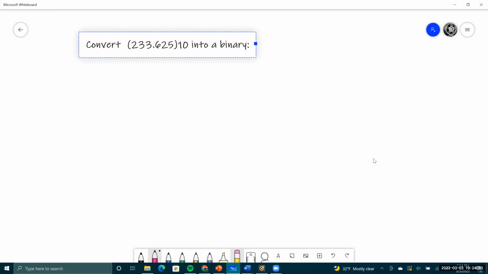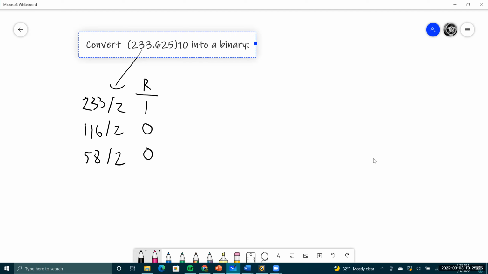So 233, we break this in half. 233 divided by 2, and we keep track of the remainder, right? If you divide 233 by 2, you're going to have a remainder of 1, and then it's going to be 116. So 116 divided by 2 would have no remainder, and this would be 58. 58 divided by 2 would have no remainder, and this would be 29.